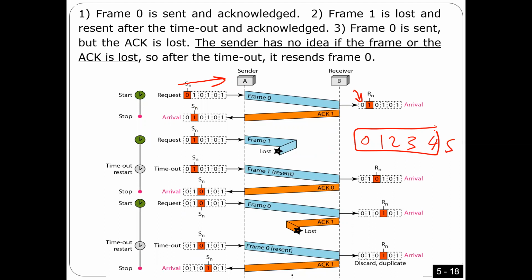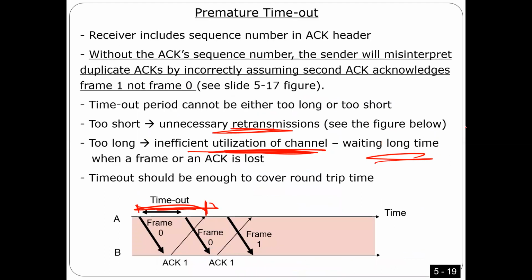It means I can transmit all these frames before I receive an acknowledgement. It's just a number of frames, and this window is going to slide, it's going to move. You'll understand better when I explain the next one.